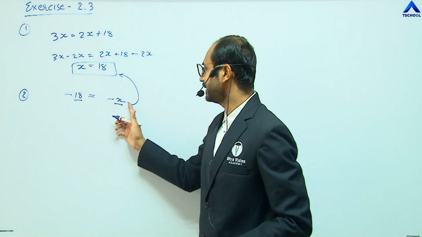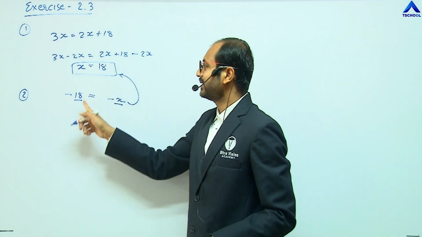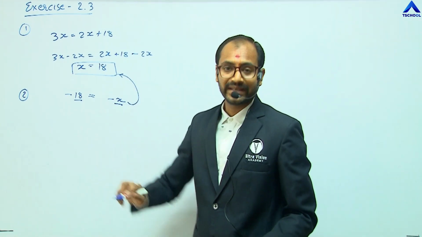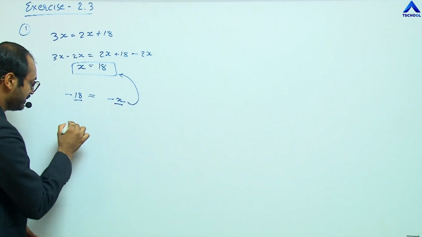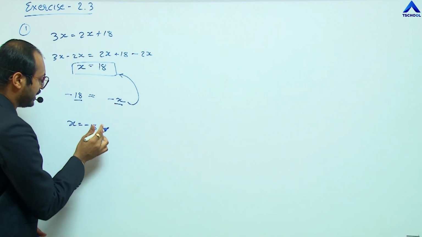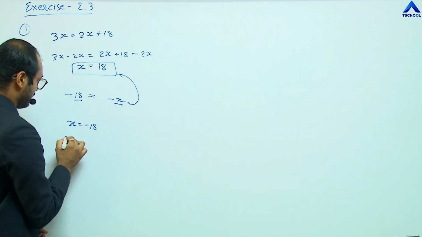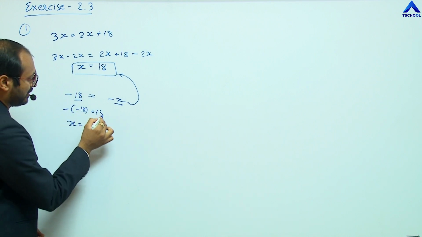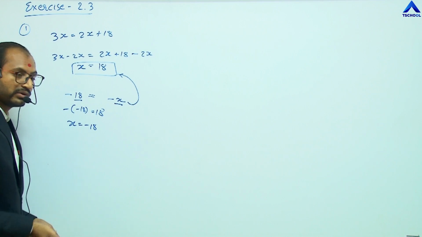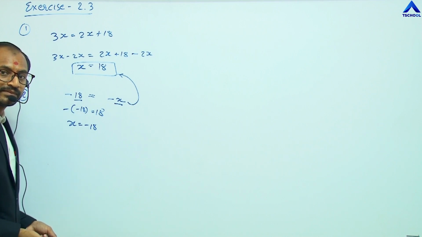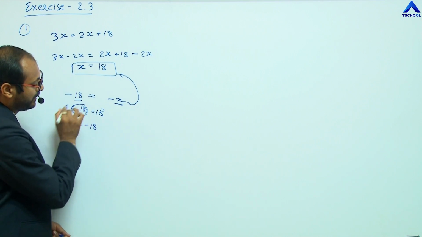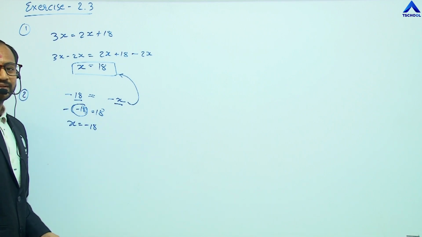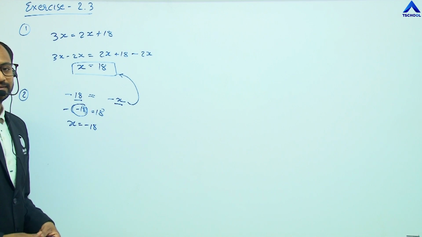Because if we take x equals minus 18, then minus of minus 18 becomes plus 18, but this is wrong. Clear? So we cannot verify that. Clear?